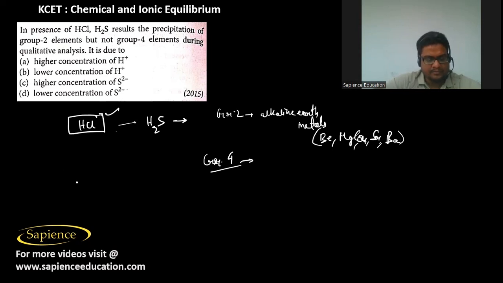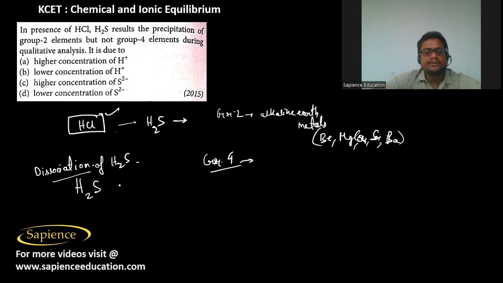So now what happens when there is dissociation of H2S? Then it will form 2H plus ion and one S2 minus ion, which is the sulfide ion.